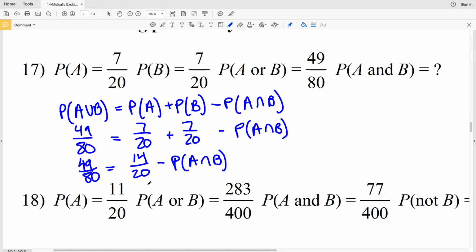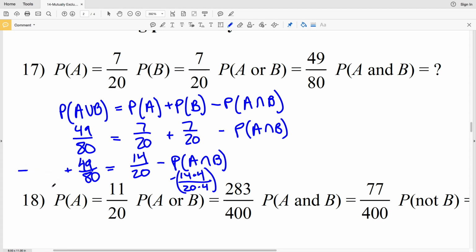Now, in order to solve, I need to subtract 14/20 from both sides. However, I want the denominator to be 80. So as opposed to subtracting 14/20 from both sides, I'm going to subtract 14 times 4 over 20 times 4.